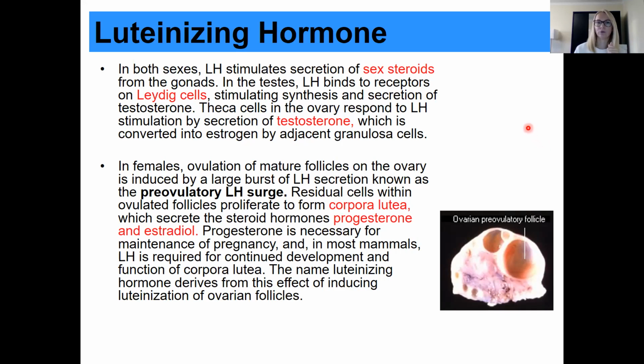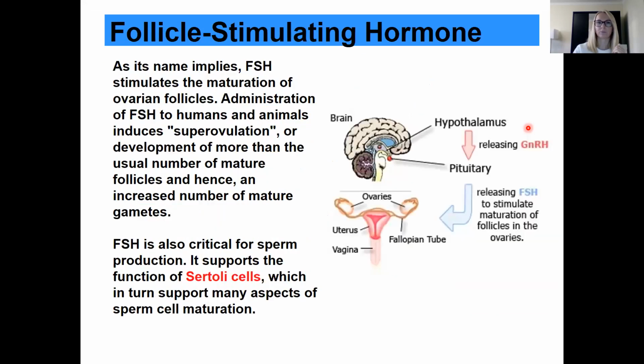Residual cells within ovulated follicles proliferate to form corpora lutea, or corpus luteum, which secrete the steroid hormones progesterone and estradiol. Progesterone is necessary for maintenance of pregnancy, and in most mammals is required for continued development and function of the corpus luteum. The name luteinizing hormone derives from this effect.